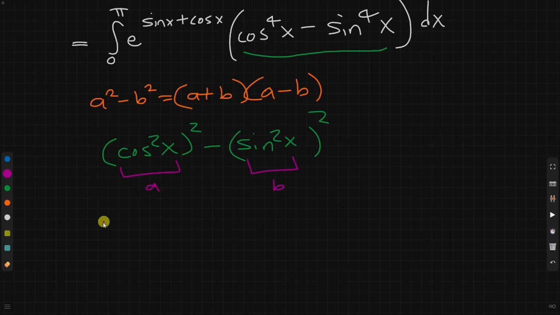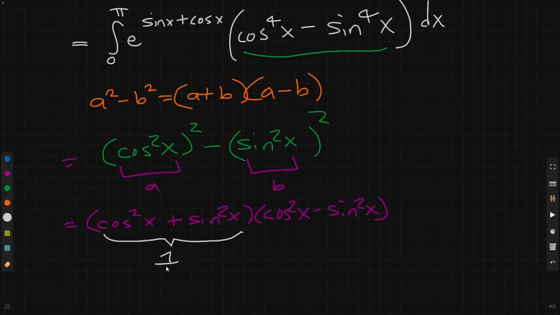So a plus b is going to be cosine squared x plus sine squared x multiplied by cosine squared x minus sine squared x. And if you recall again from our trigonometric identities, we know that sine squared x plus cosine squared x is just equal to 1. This whole thing is equal to 1, and 1 times anything is itself. So we can just say that this is equal to cosine squared x minus sine squared x.